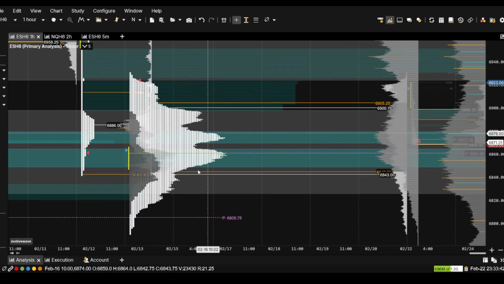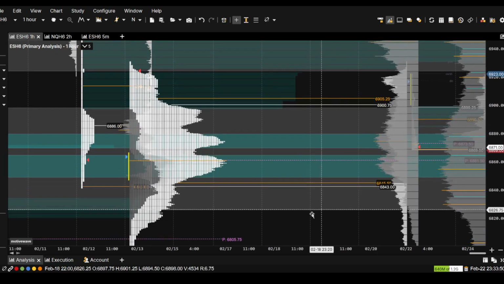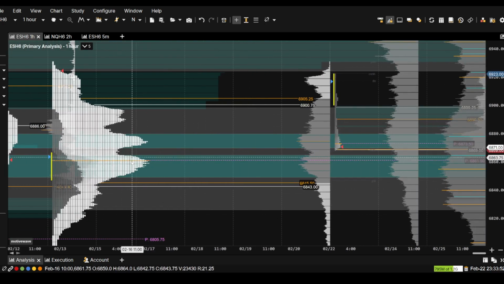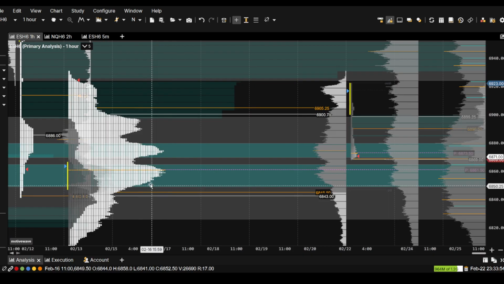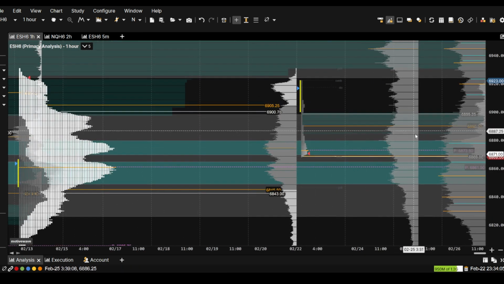We have a huge high volume node here, and we have something here very important, two high volume nodes inside a higher volume node, the highest high volume node here.